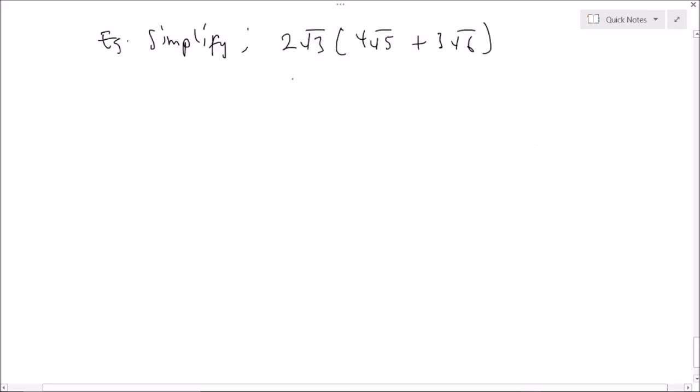Now, using the concept explained above, let's simplify this example. Solution. We have to multiply 2 root 3 times 4 root 5 plus 3 root 6.